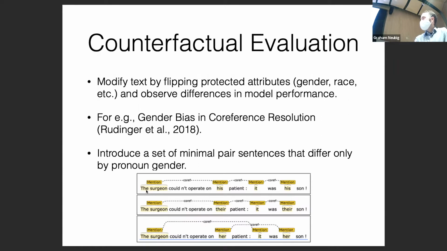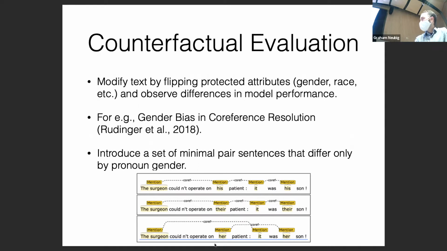And the sentence is, the surgeon couldn't operate on his patient, it was his son. The surgeon couldn't operate on their patient, it was their son, or the surgeon couldn't operate on her patient, it was her son. And basically, the issue here is that when you have a male pronoun, it appropriately gets the surgeon and his patient.